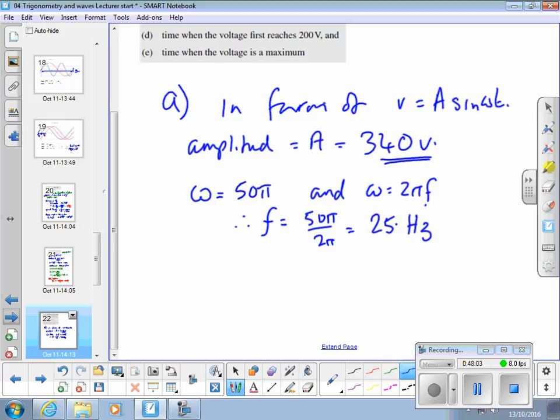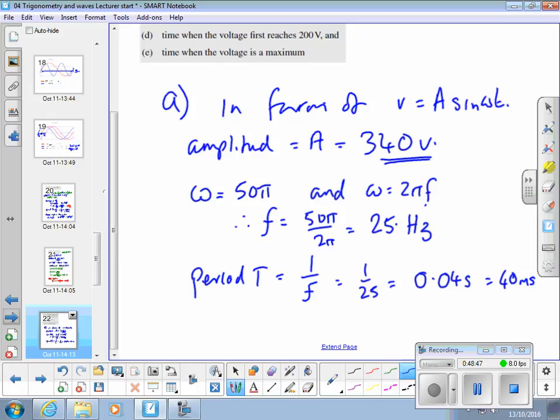Period is, how do we find the period? 1 over frequency, 1 over f, 1 over 25, or 40 milliseconds.